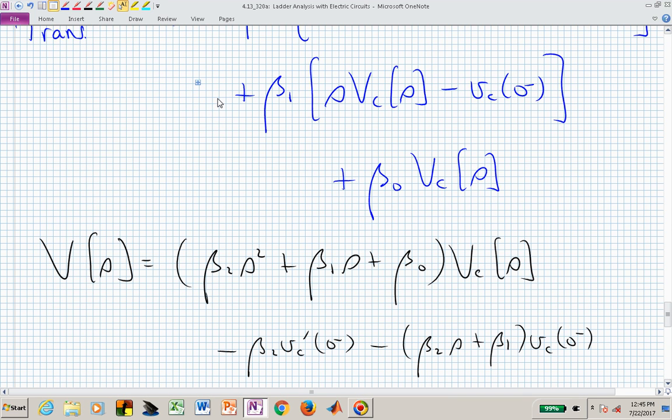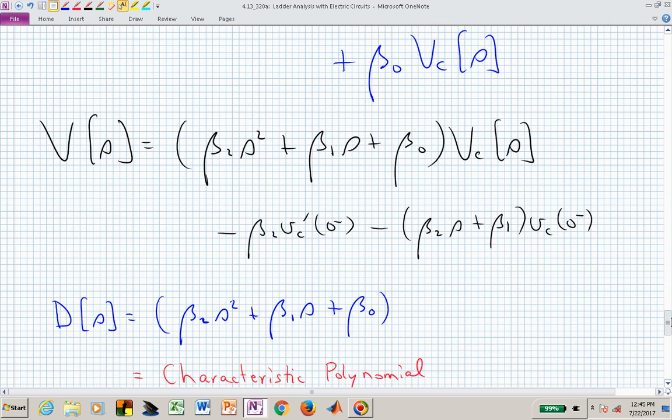We now have our voltage V of S, that's the supply voltage, written in terms of a polynomial in S times the Laplace transform of the output voltage V sub C, and then we have some initial condition terms associated with the capacitor voltage and its derivatives. We're trying to find the output voltage across the capacitor as a function of time.